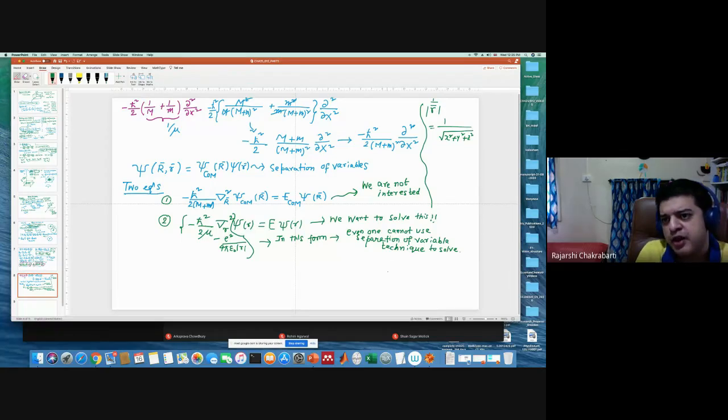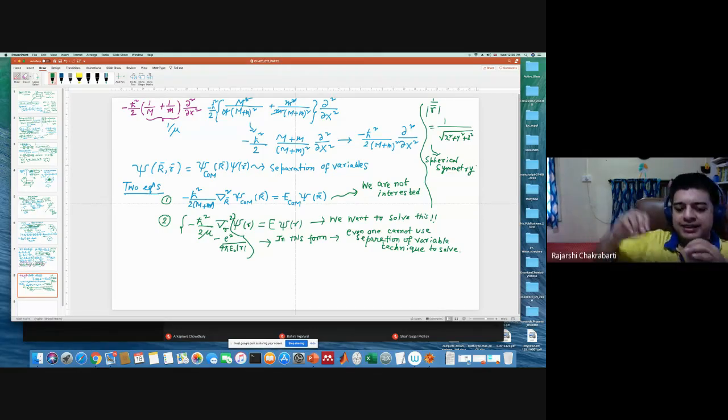What kind of symmetry you have in this problem is called spherical symmetry. Spherical symmetry means your potential does not depend on any angle. It depends on only one radial coordinate.